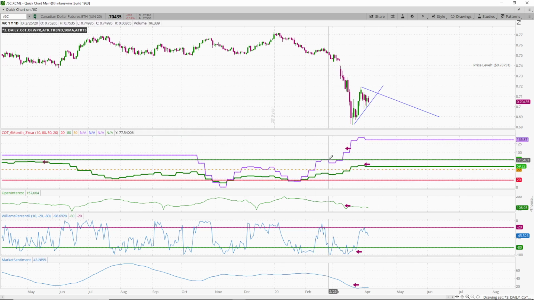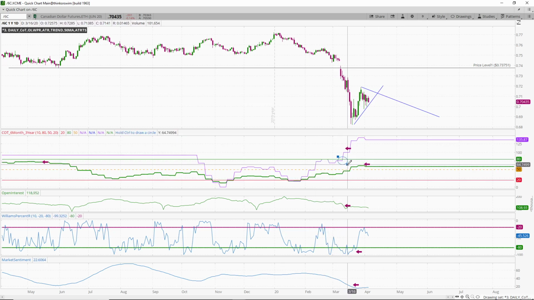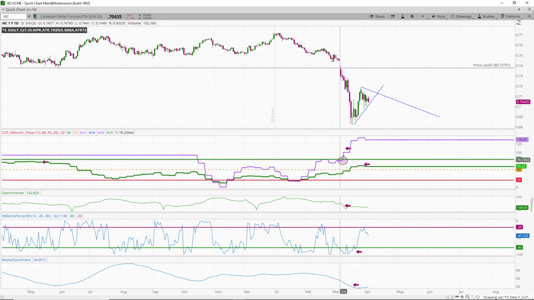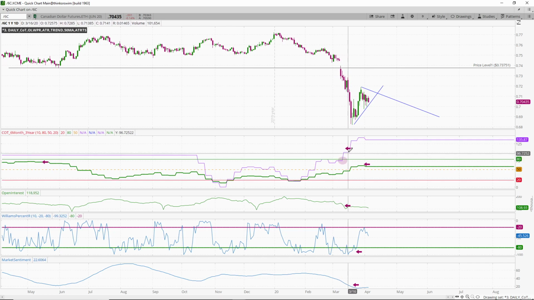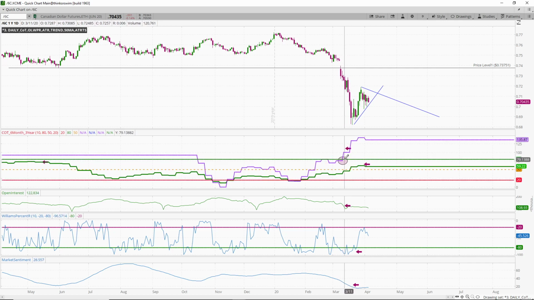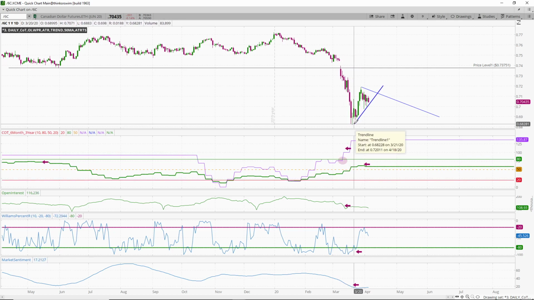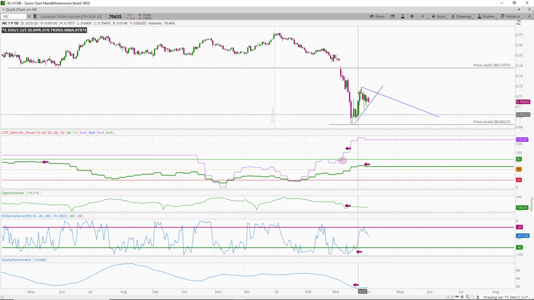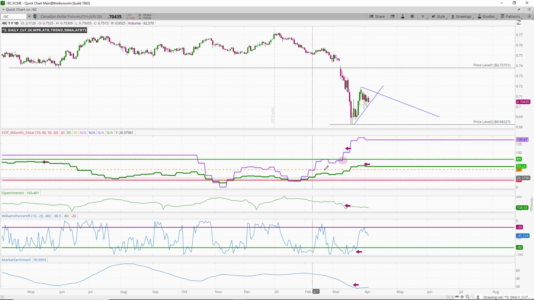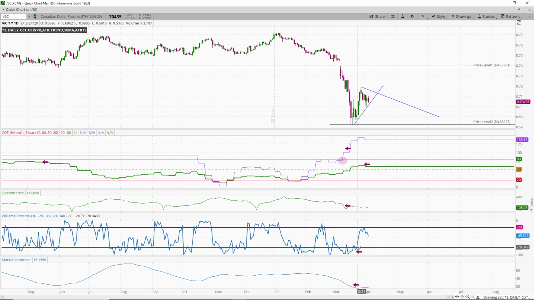So this is where we initially broke into extreme positive territory, and it probably wasn't a bad idea to be aligned with commercial interest when all the selling, when all the shooting started here. So it looked pretty good. So this was a pretty good indication that, you know, WPR oversold, market sentiment really, really low. It's what we like to see.